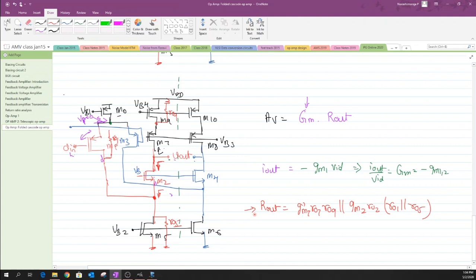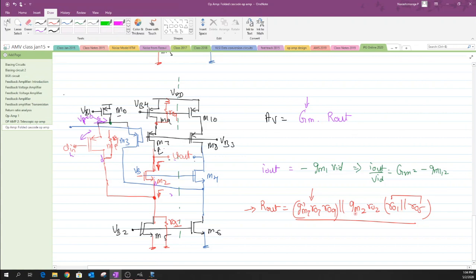So now there is something that happens when we look carefully into this R out expression. You see, the value of this quantity is quite large, whereas when you compare the downward structure, which is composed of NMOS transistors M2 and M5 along with a PMOS transistor M1, you see the combination of RO1 and RO5 actually lowers the output impedance of it.